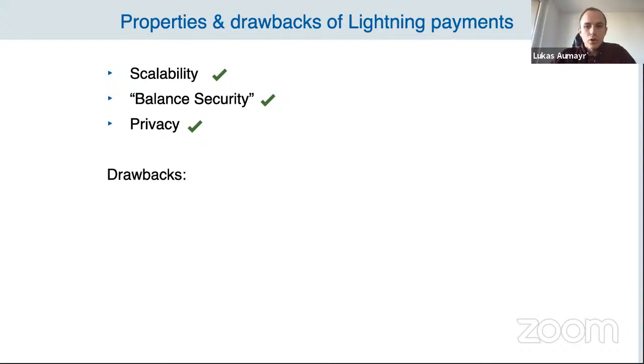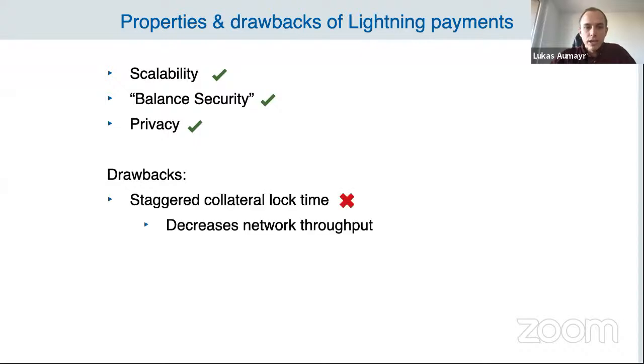However, there are also some drawbacks in Lightning payments. For instance, as I already mentioned, we have this staggered collateral lock time, meaning that if a payment fails, then the collateral will be locked for a time that is linear in the path length. And payments can fail for different kinds of reasons. Users can go offline. There could be malicious users.